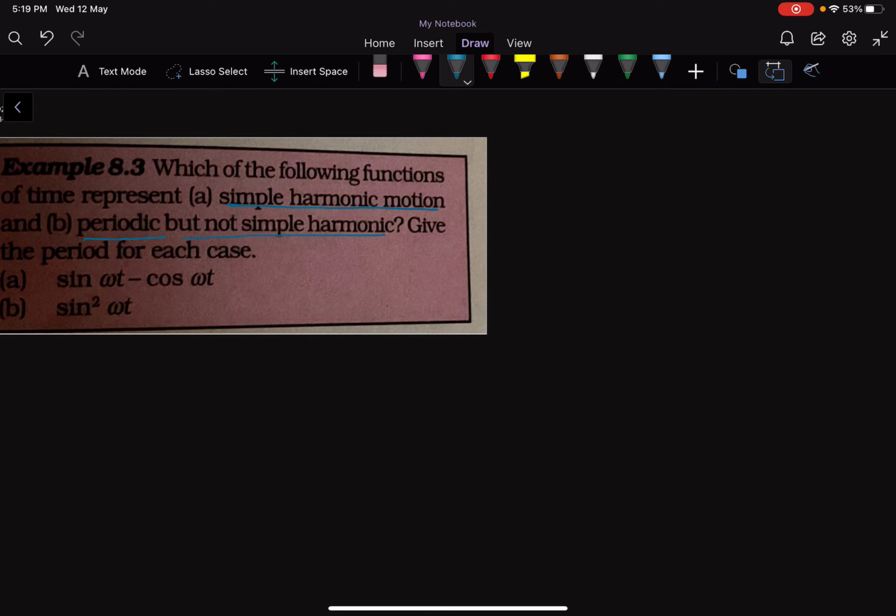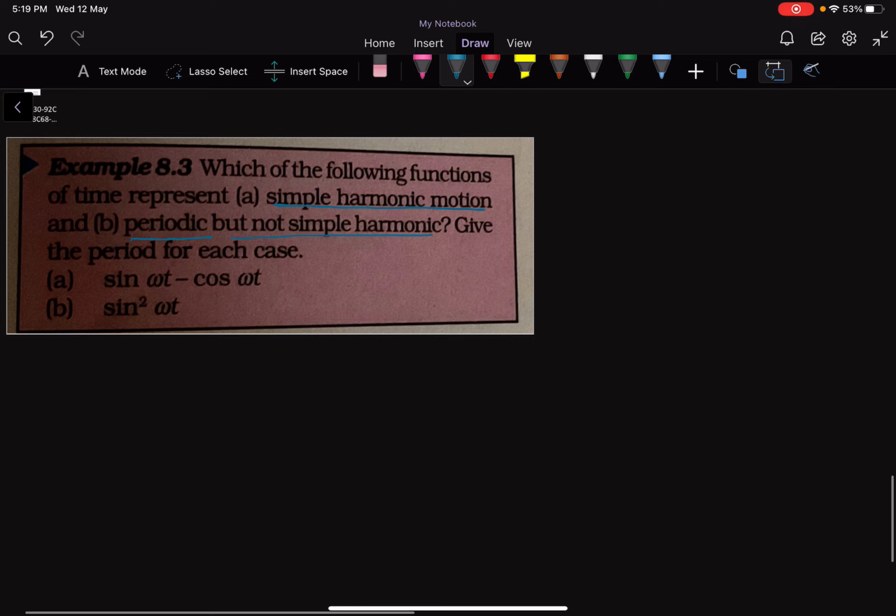I am starting with A. For A, he has given it as sin omega t minus cos omega t. Here I am taking this in the form of x equal to a sin omega t plus b cos omega t.